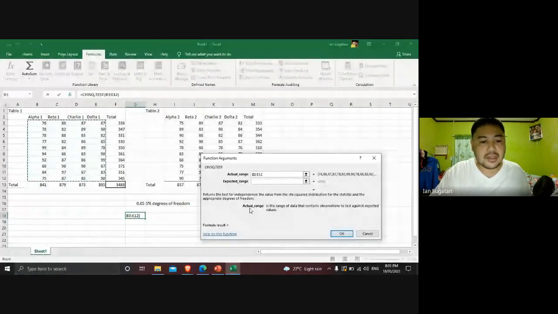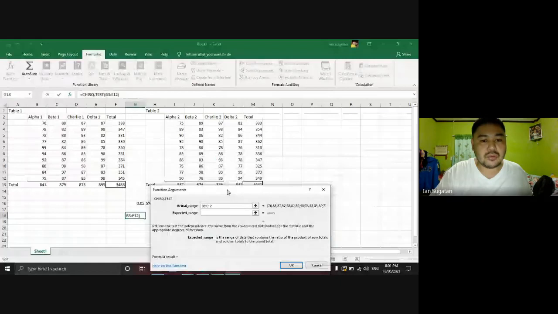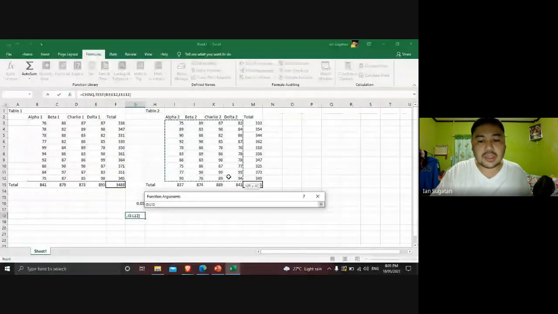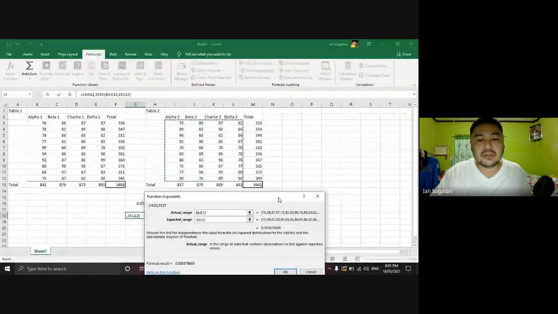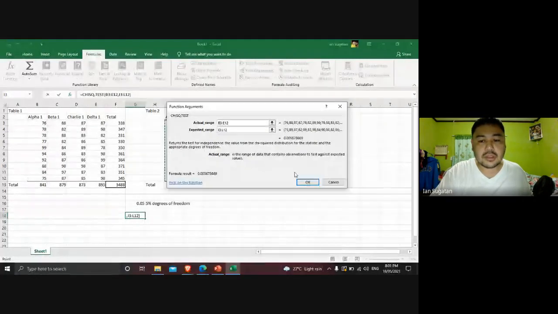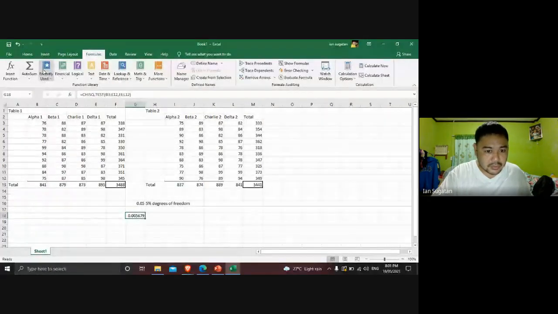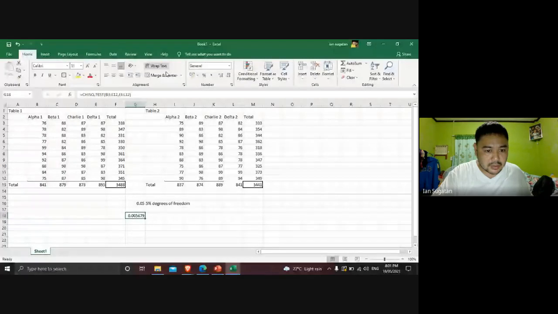And then for the expected range, table 2. Okay? So table 1 and table 2. Once you put the values there, then click okay.